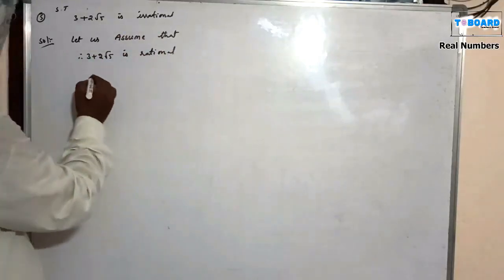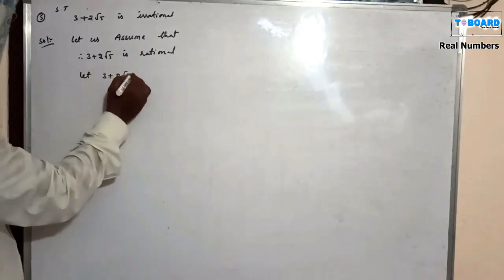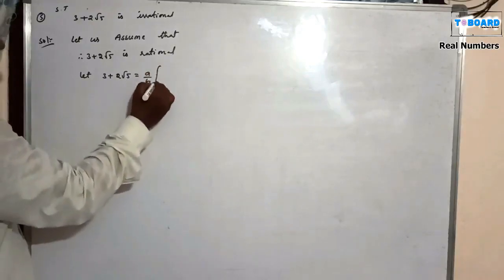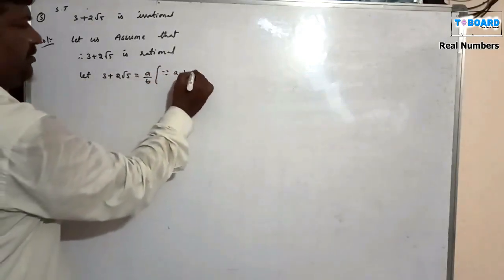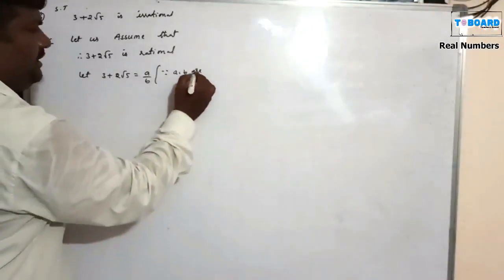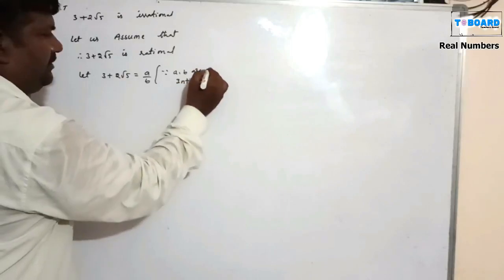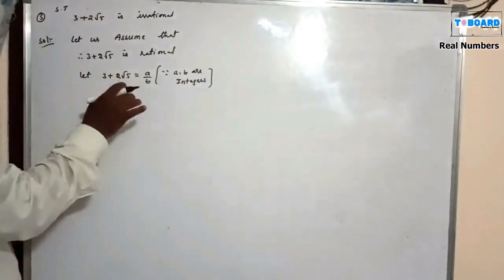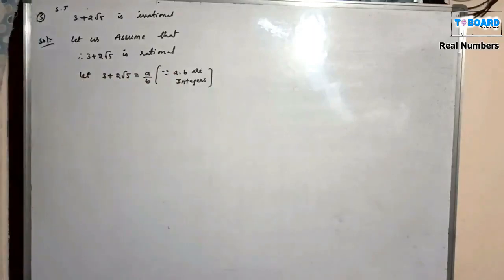What is rational form? Let 3 plus 2 root 5 equal a by b. Here two terms are there, that is a, b are integers. Only a single letter would be co-primes; here two terms means a, b are integers.